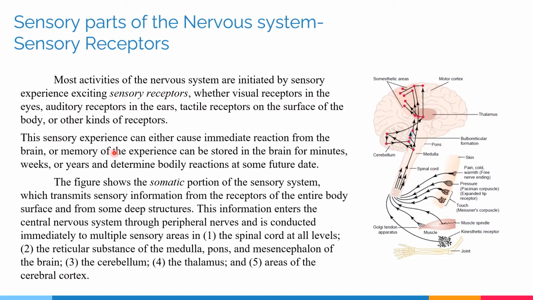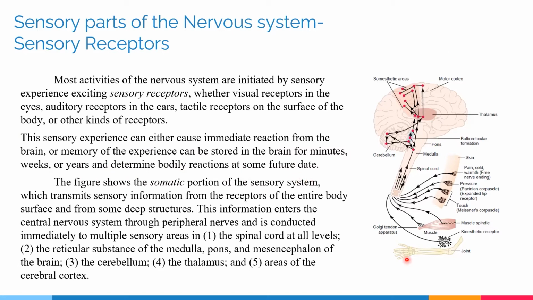This sensory experience can either cause immediate reaction from the brain, or memory of the experience can be stored in the brain for minutes, weeks, or years and determine bodily reactions at some future date.